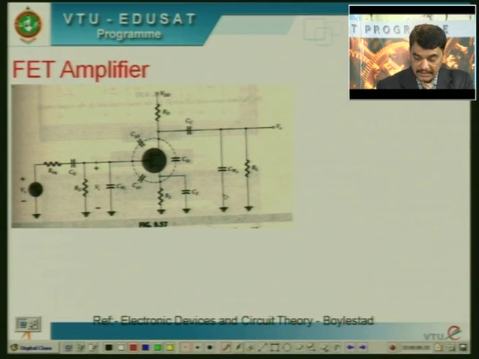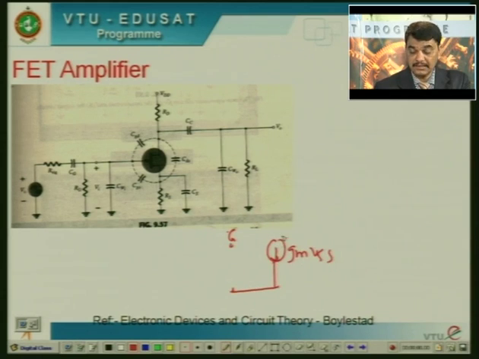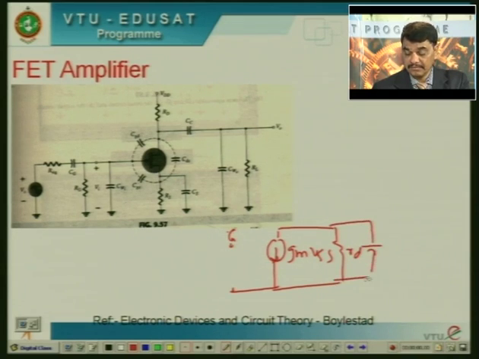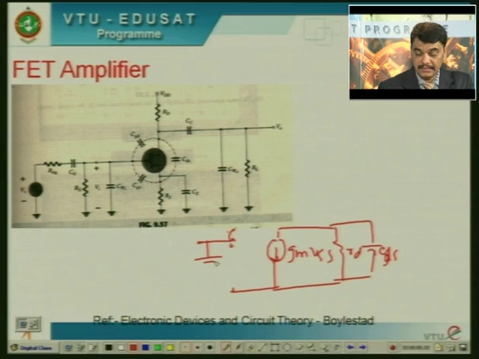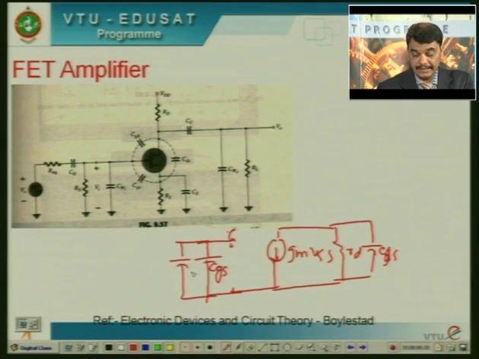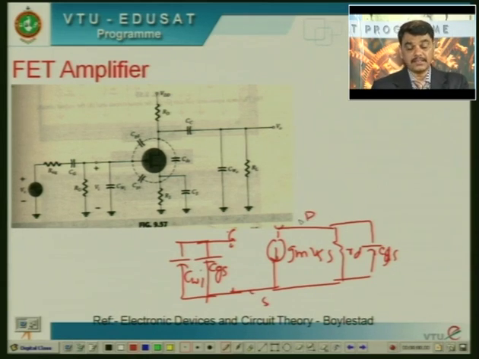Then we can rewrite this circuit: this is gate and source, this is gm times VGS, then here we have a resistance RD and a capacitance CDS. On the input side, the capacitance present at this point is CGS and the capacitance CWI, and also this is source and this is drain, and there is a capacitance between the gate and the drain, denoted with CGD.